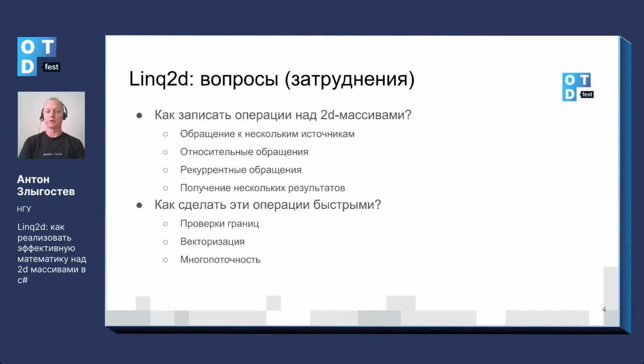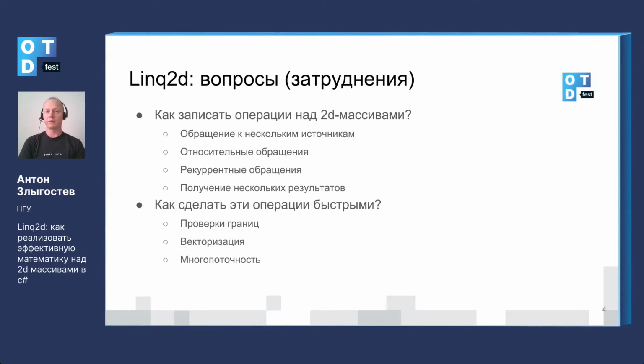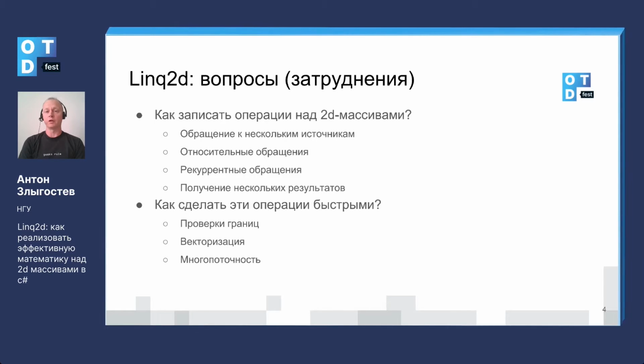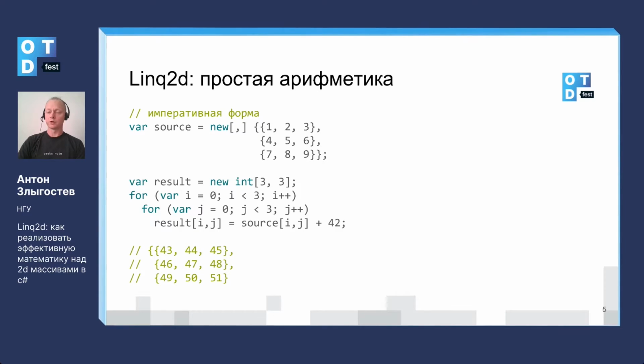Because usually the capabilities are quite wide, and the characteristic features of such approaches would be access to a number of sources, relative references, recurrent calls, and getting a number of results. But you can make an abstract library, which works quite well, but the performance won't be good.